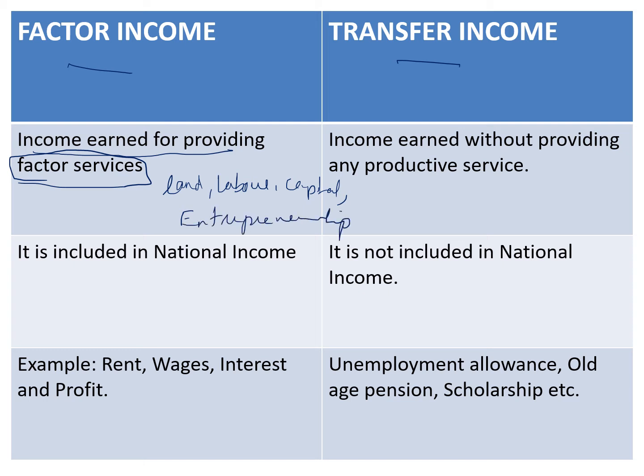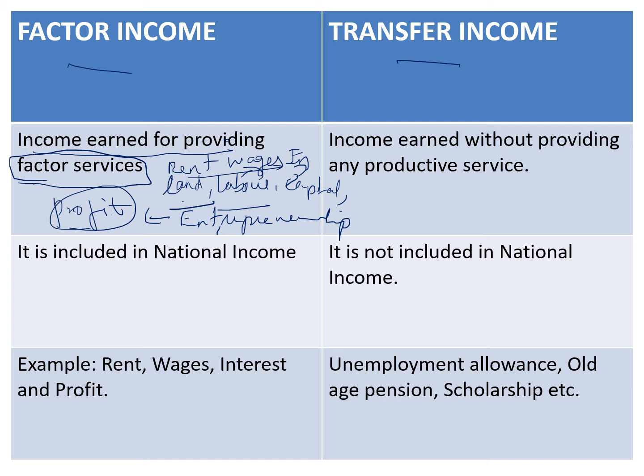From land we get rent, from labor we get wages, from capital, interest, and from entrepreneurship, profit. This is the income earned for providing factor services like land, labor, capital, entrepreneurship, and we earn rent, wages, interest, profit.